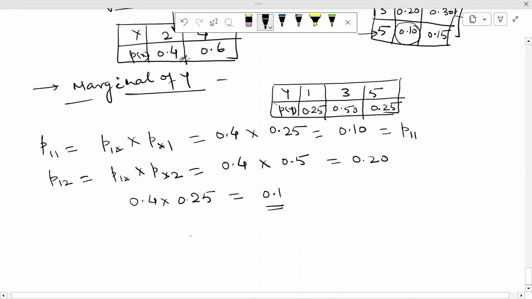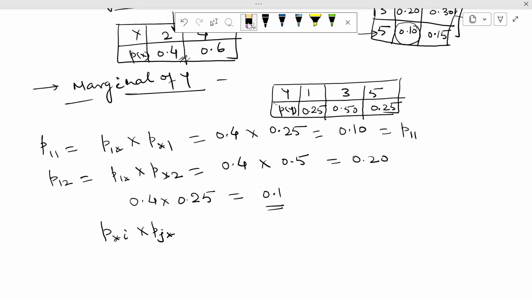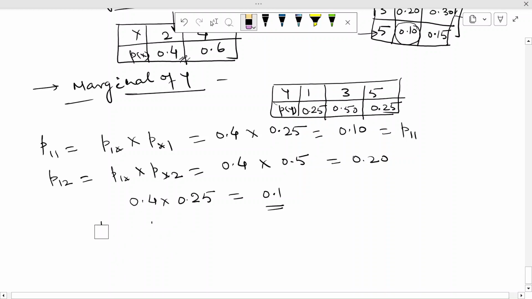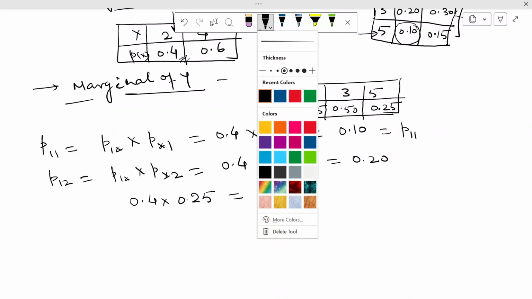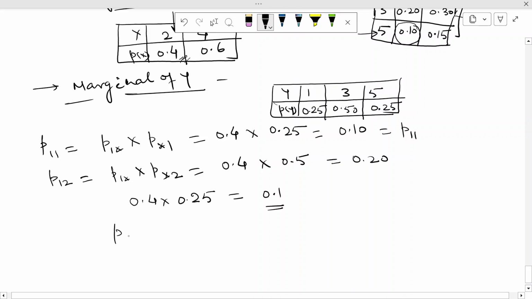So similarly, we can check that Pi* multiplied by P*j, if we are using the same notation which we have earlier mentioned, in this case you can say Pi* multiplied by P*j equals Pij.